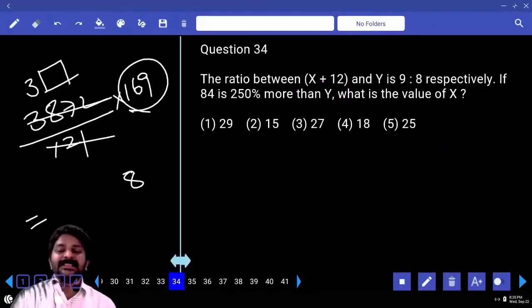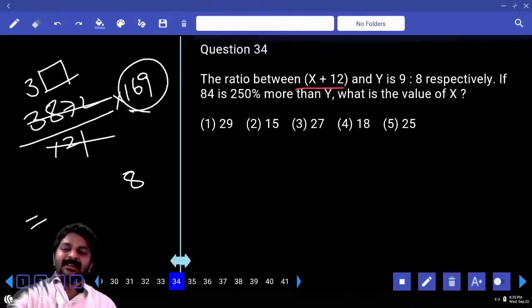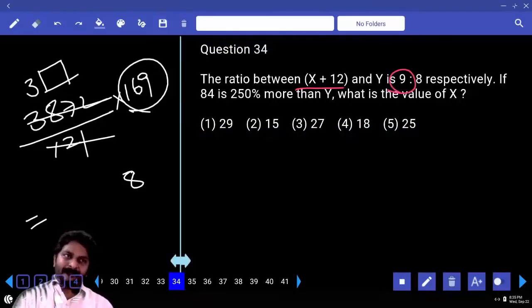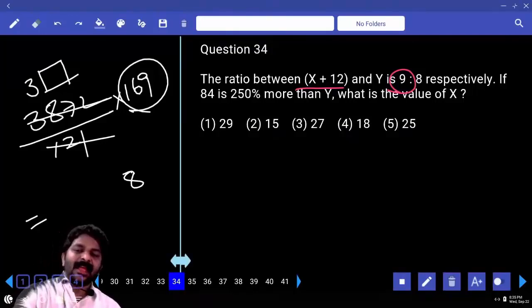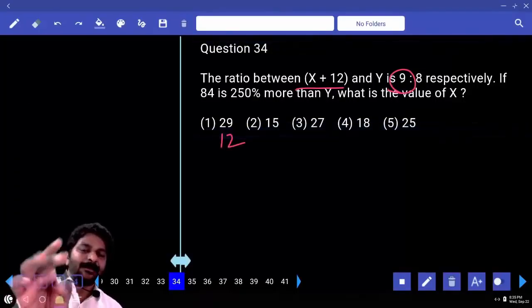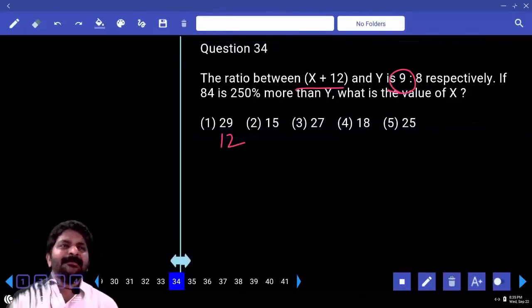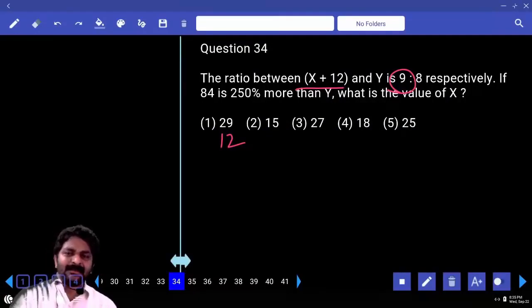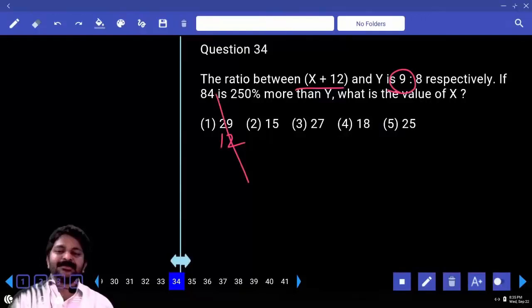The ratio between X plus 12 and Y is 9:8. If 84 is 250% more than Y, what is the value of X? Right, I don't need the data. X plus 12 is how many parts? 9 parts, so it must be a multiple of 9 only. That means if you add 12 to the option, it has to be a multiple of 9. How much is that? Is 41 a multiple of 9? Eliminate. Next option plus 12: 27.